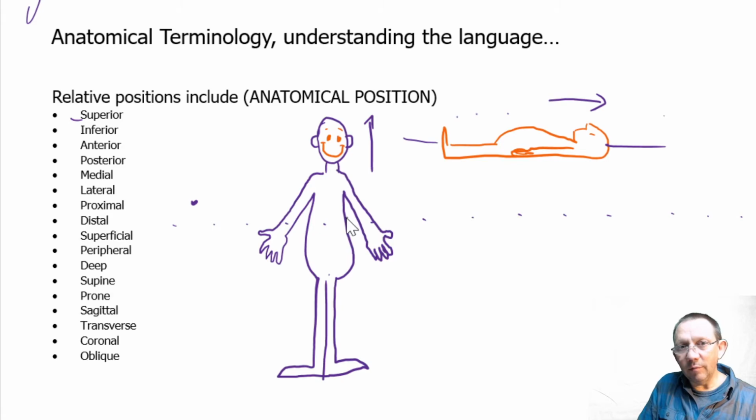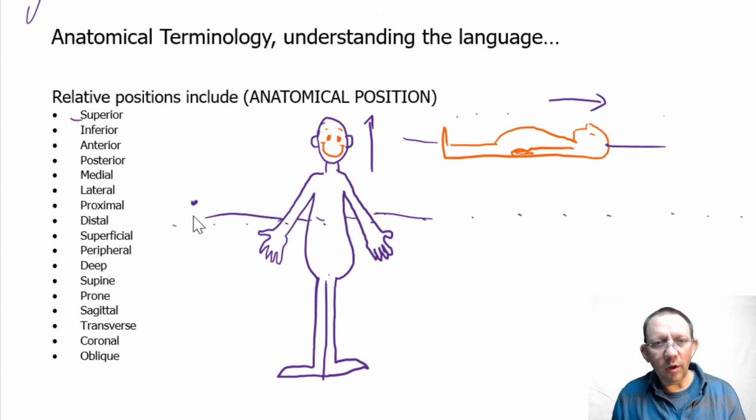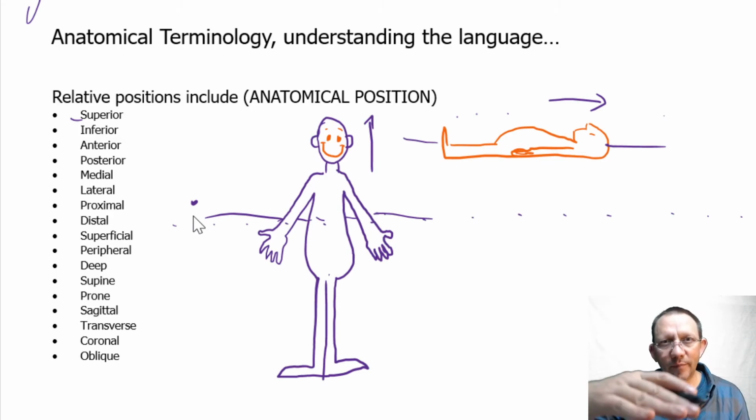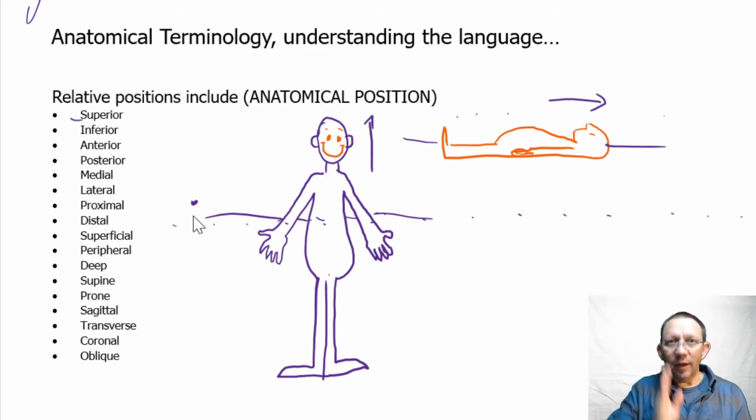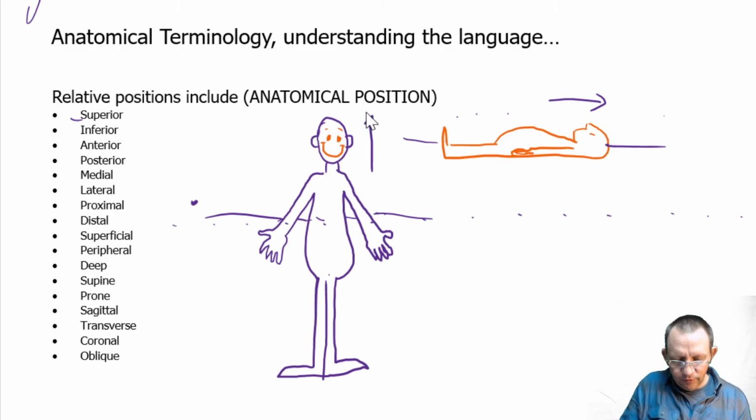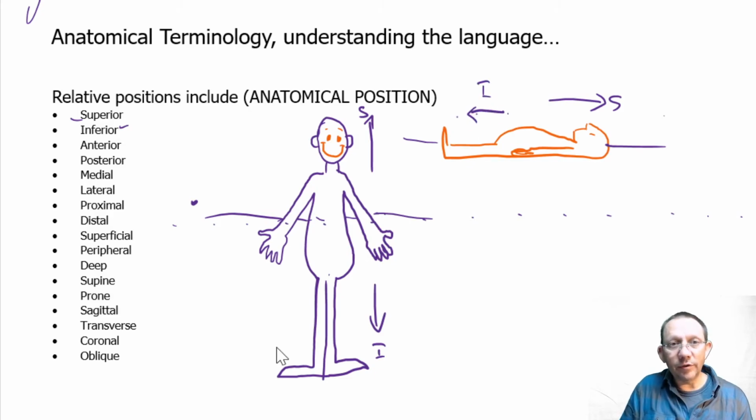And here we can see that behind him, way back in the distance, is the back corner of the wall or something, right? That's horizontal. This coming up towards the head here, this is superior. Inferior is always going to be down this way. Much easier way to understand it that way.